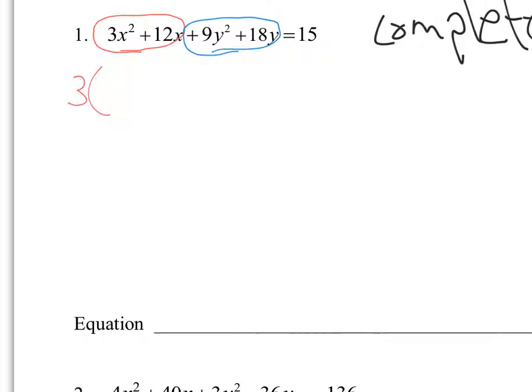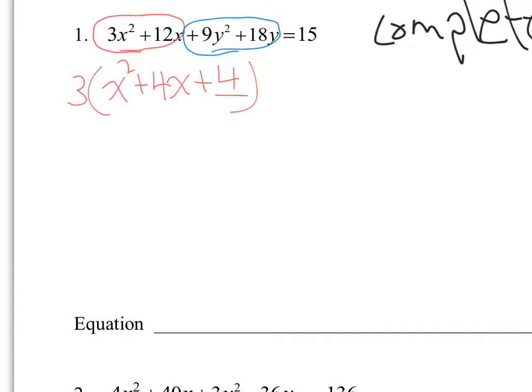If I divide a 3 out, I'm left with x squared plus 4x. Now I can go ahead and add the number. Here is your b divided by 2, squared, that would give you 4. All right, so we took care of the x's.